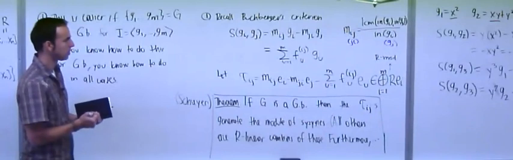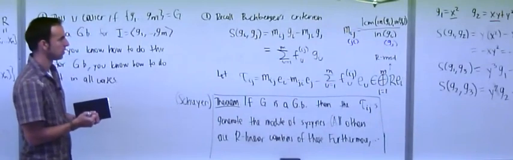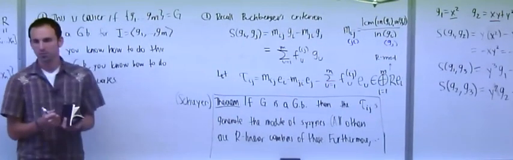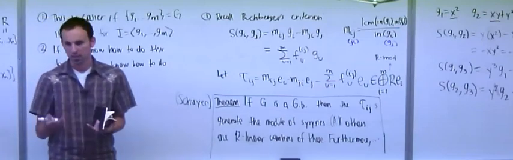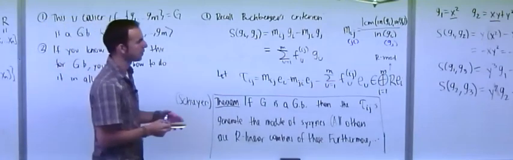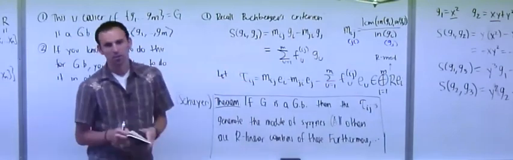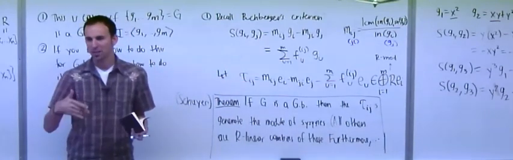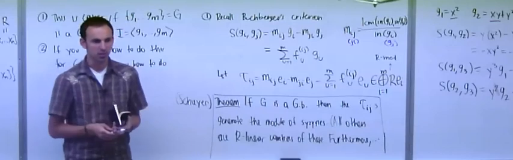Okay. But you see, this makes for a very, very simple algorithm to compute syzygies in the case of a Gröbner basis. For example, in the case of G1 and G2 and G3, while you're checking whether you have a Gröbner basis, immediately you're going to get all the syzygies.